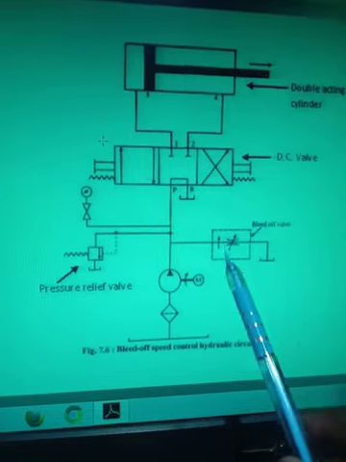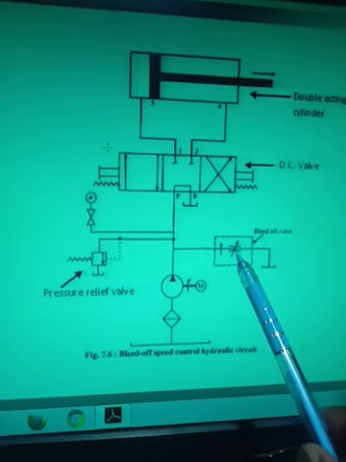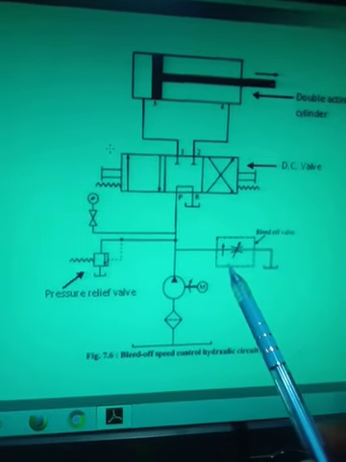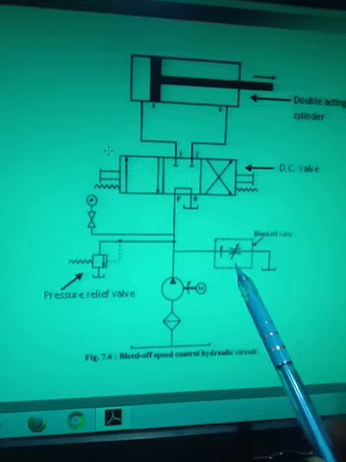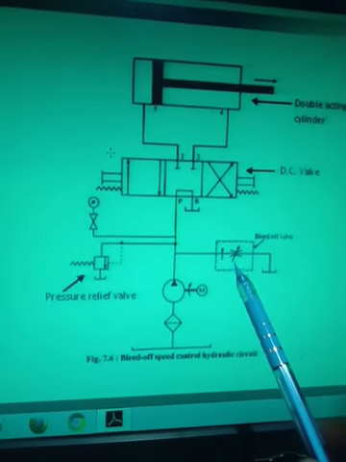This opening you can change, the adjustment of the flow control valve you can do, and here you can see one difference. There is no check valve or non-return valve, no integral check valve is provided, only a simple pressure compensated flow control valve is there. Understand?